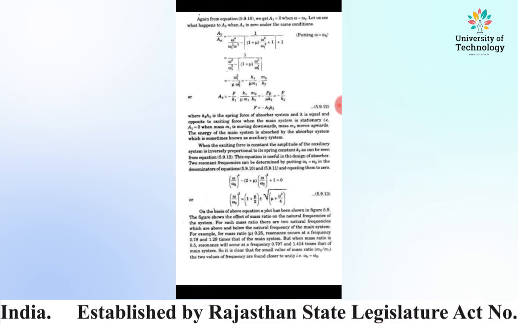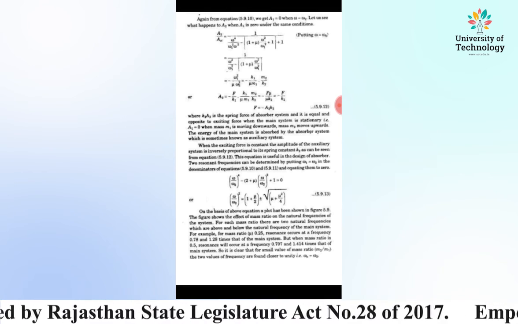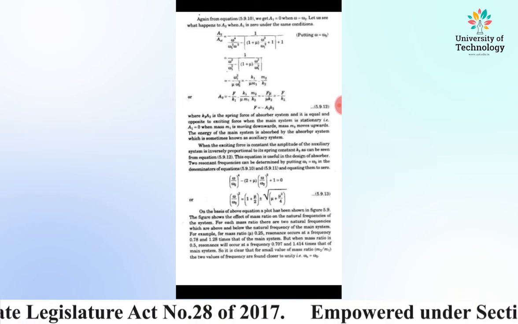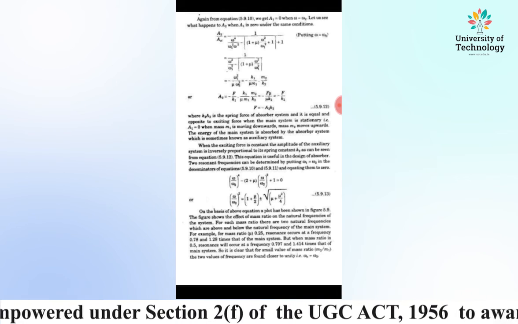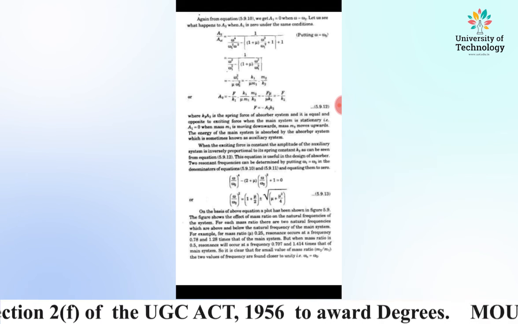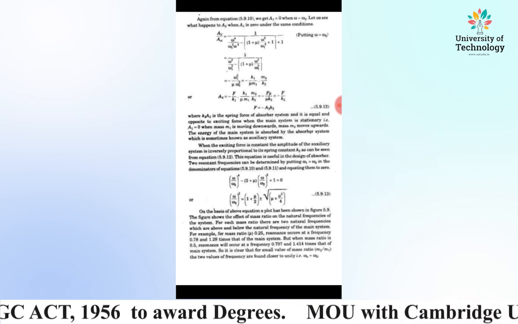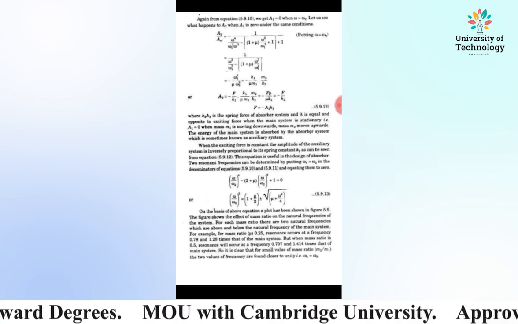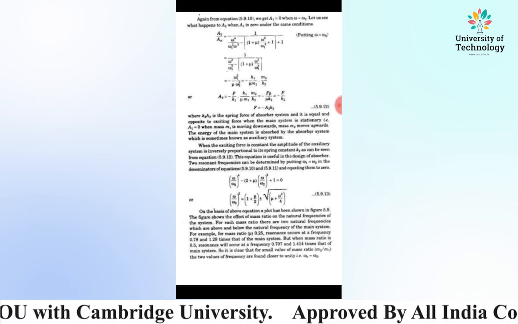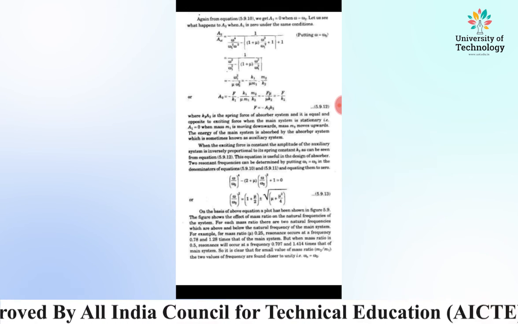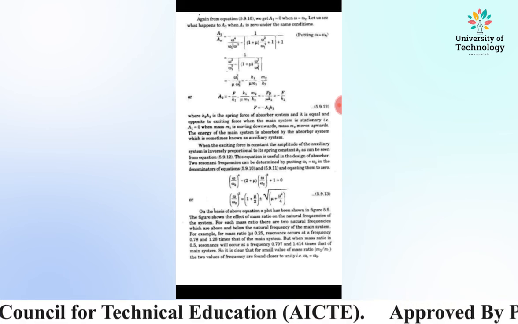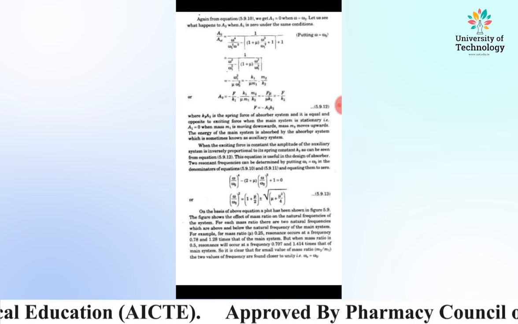That is, (omega by omega 2) to the power 4 minus (2 plus mu) times (omega by omega 2) squared plus 1 is equal to 0, or we can say that (omega by omega 2) squared is equal to 1 plus mu by 2, plus or minus the root of mu plus mu square by 4.